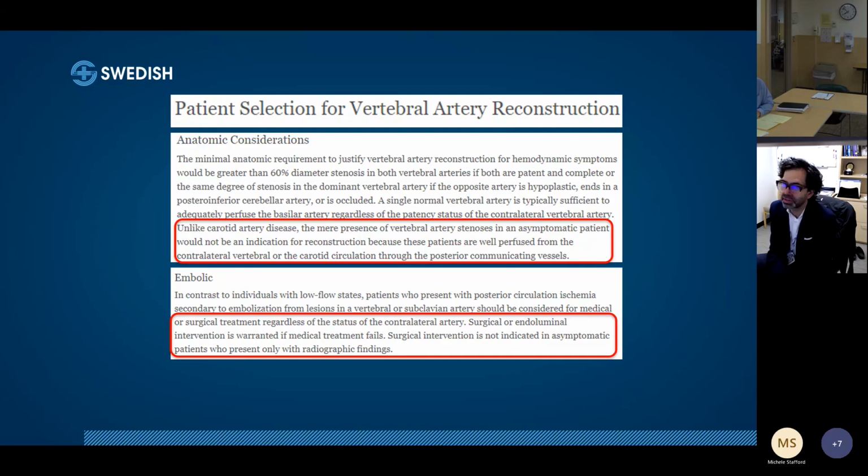You don't even need to surveil it. You should be medically optimized, and that's the extent of treatment. Vertebrals just don't embolize and cause strokes nearly as often as carotids do, and the data set for prophylactically treating them, in contrast to an asymptomatic carotid, just isn't there.